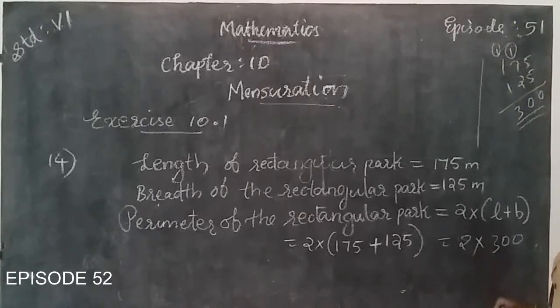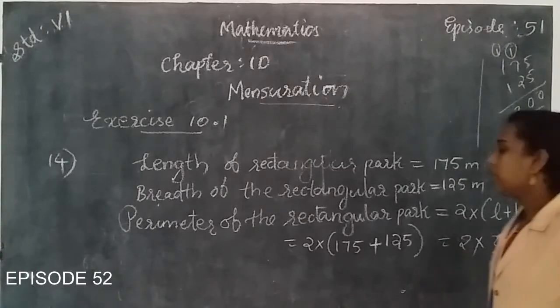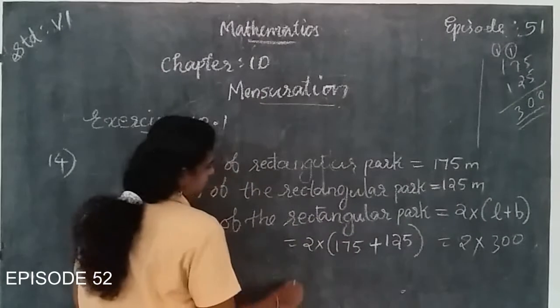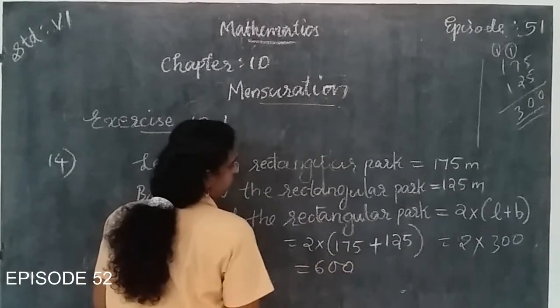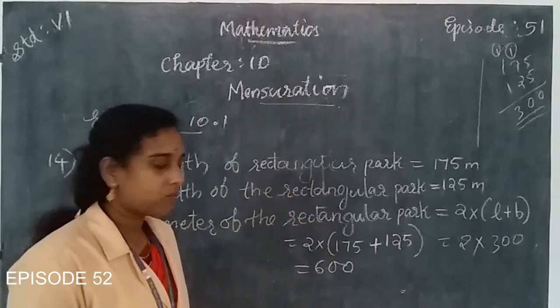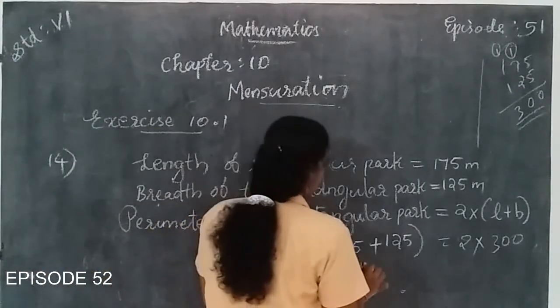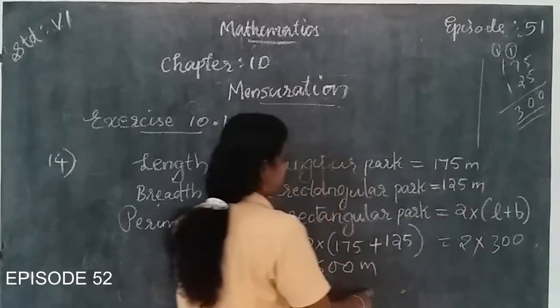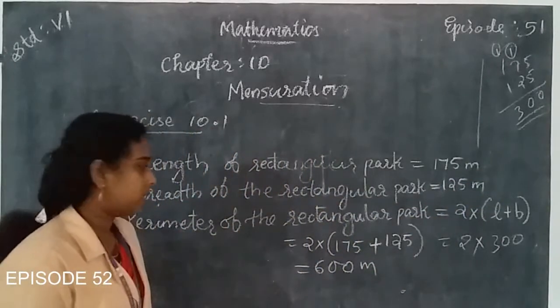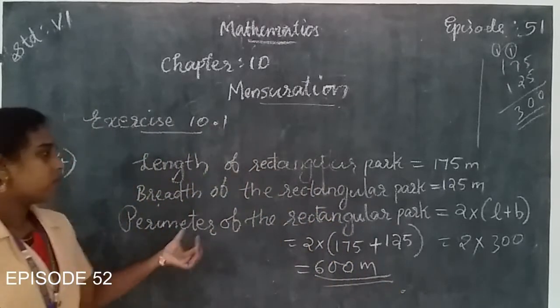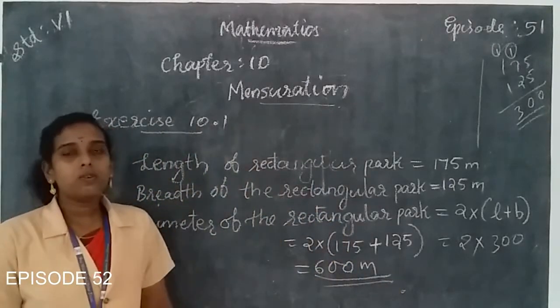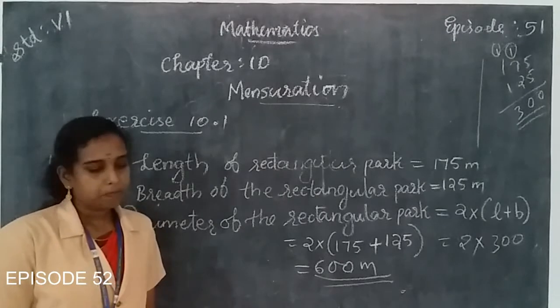So 2 into 300: 2 threes are 6, and put 2 zeros, so 600. The perimeter of the given rectangular park is 600 meter. Here the unit is meter, so you put the same unit in the answer.